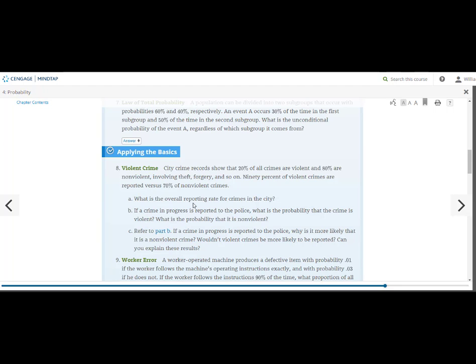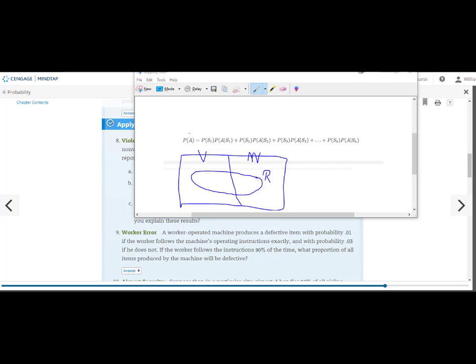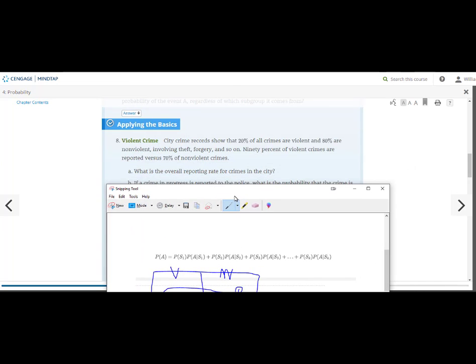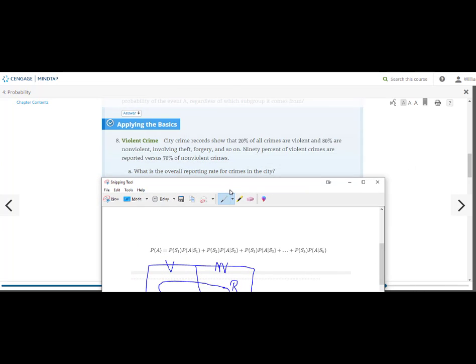All right, now let's keep going and read. What is the overall reporting rate for crime? By overall reporting, they probably mean this picture. So we're going to partition violent versus non-violent, and these are the reported crimes. They ask us in the first part, what is the overall reporting rate for crime?